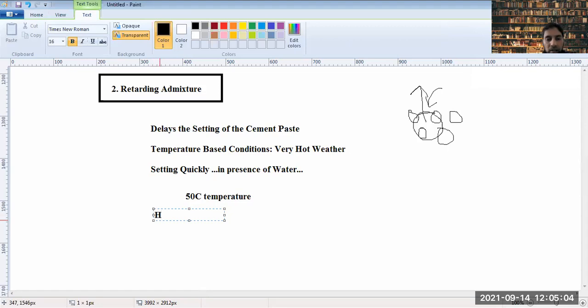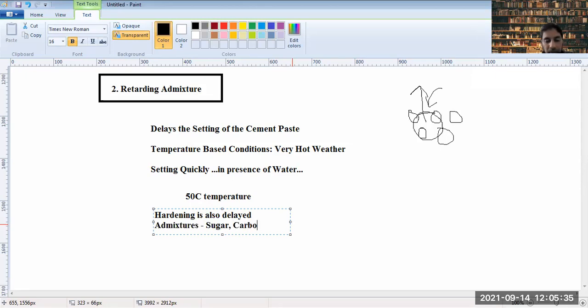Now, when you are using retarding chemicals, the hardening is also delayed. This is the opposite of the accelerating admixture. So here the hardening of the concrete is delayed. Now, what are the admixtures that are available for retarding? Sugar is one admixture you can use.